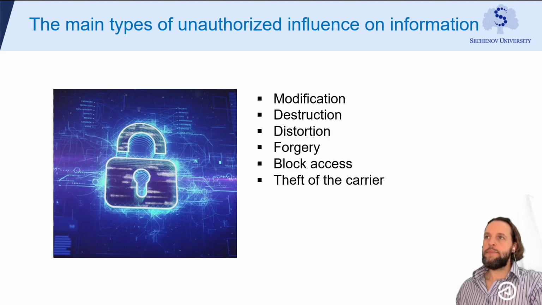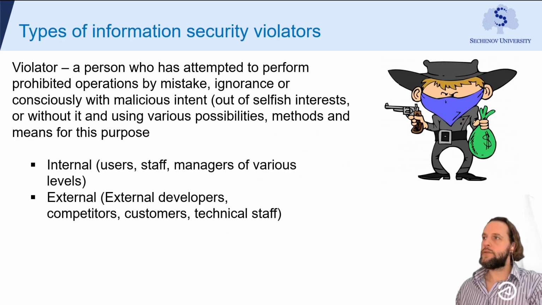What are the main types of unauthorized influence which could be done to the information? Of course, it will be modification of the information, destruction, distortion, forgery, blocking of the access to the information, and theft of the carrier of this information.